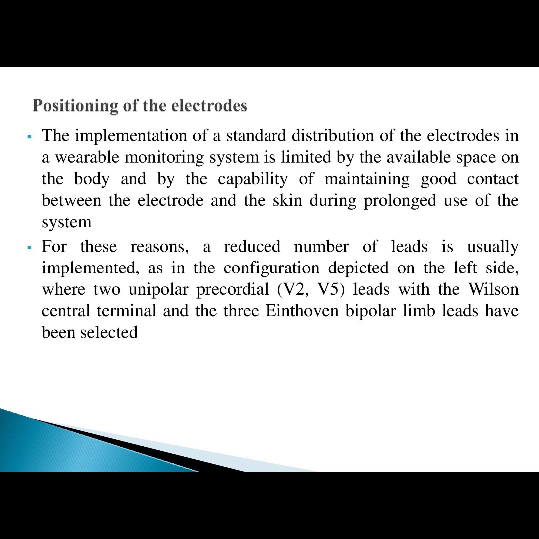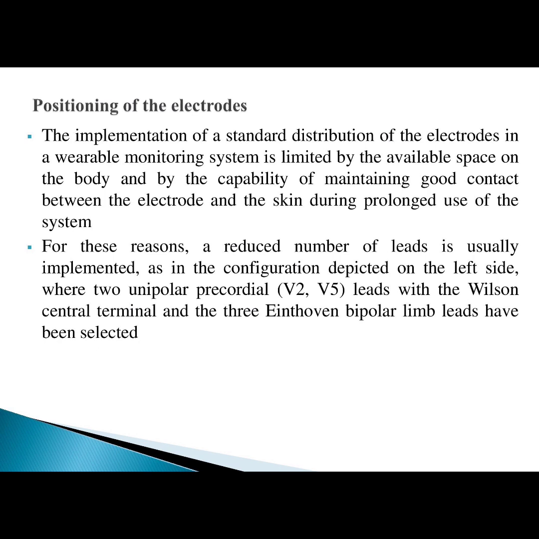The implementation of a standard distribution of the electrodes in a wearable monitoring system is limited by the available space on the body and by the capability of maintaining good contact between the electrode and the skin during prolonged use of the system.